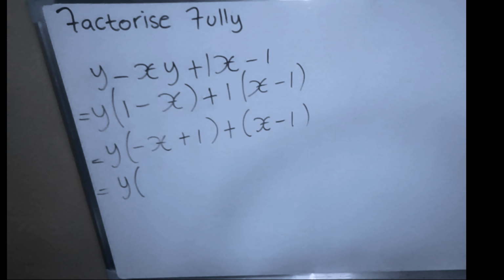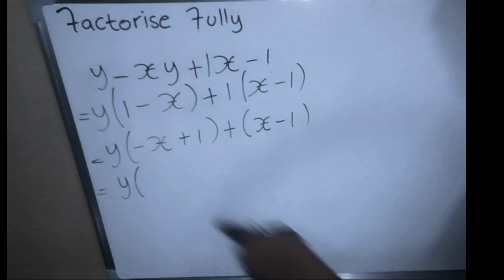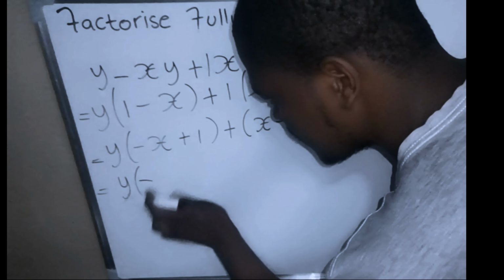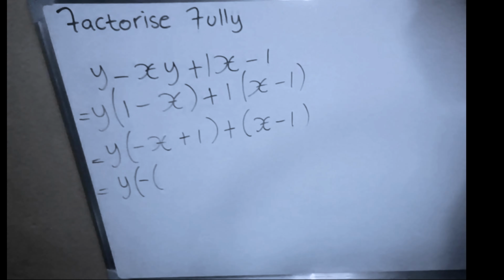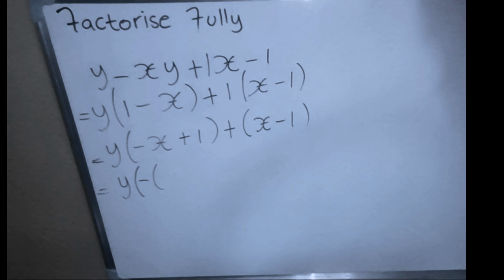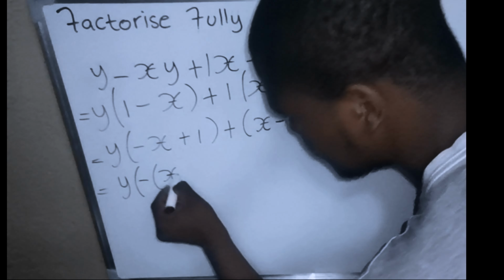Third step: y, I open a bracket. I take out this negative sign as my common factor. I hope we are clear on that. I take it outside, negative, and I open a bracket. Now divide: negative divided by negative is positive, therefore I'm left with x.